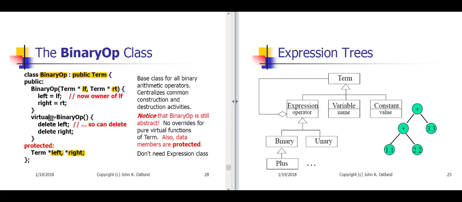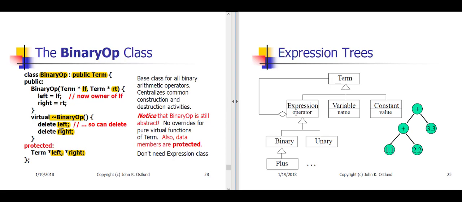Then we also have a virtual destructor for binary op that deletes the left and right terms. Those are the only member functions that binary op provides, namely a constructor and a destructor. We've declared the destructor virtual, although technically we wouldn't have needed to do that since the term base class destructor is already virtual.